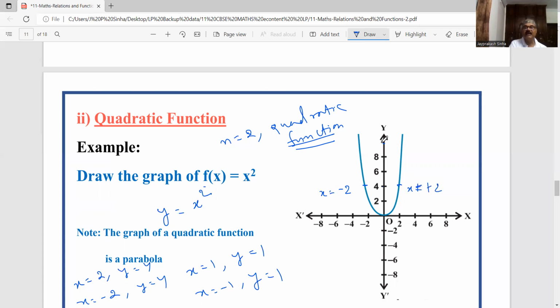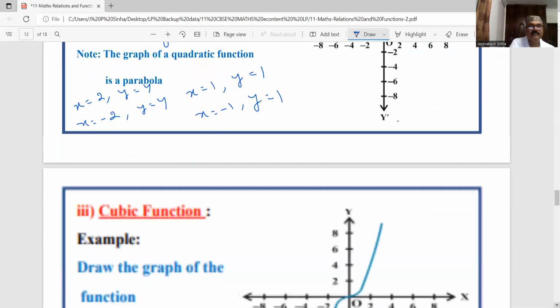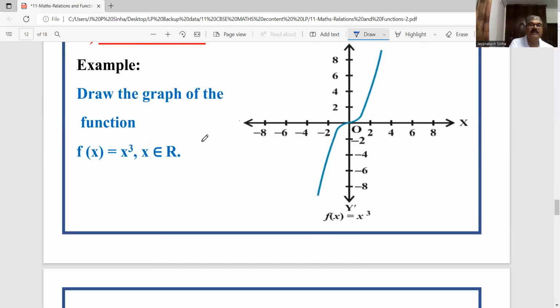If here it is 9, just imagine that it is 9, then here x will be minus 3 and here x will be plus 3. Are you getting it? So you will get a graph like this. This is called a parabola. So the graph of a quadratic function is a parabola. Now cubic function. Cubic function means here y is equal to x to the power 3.